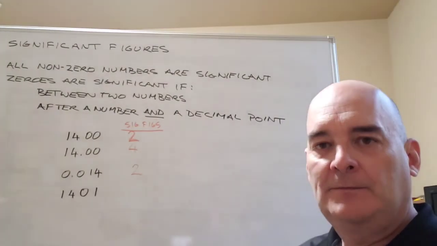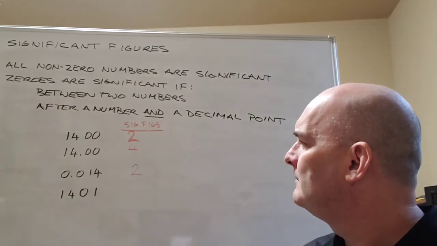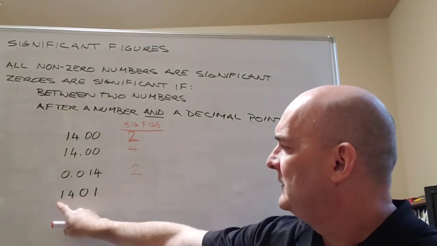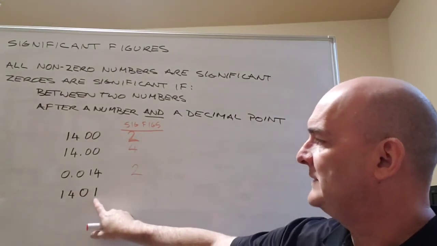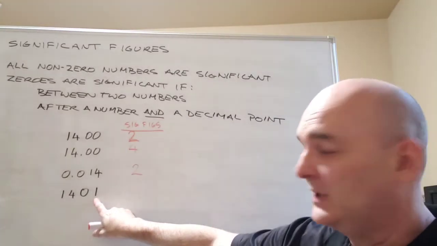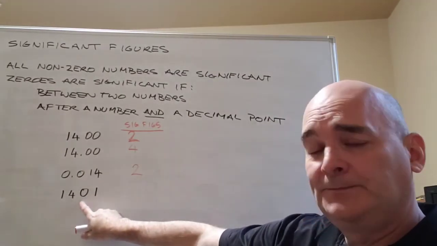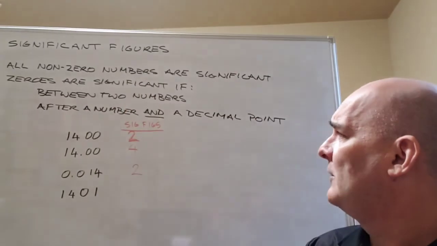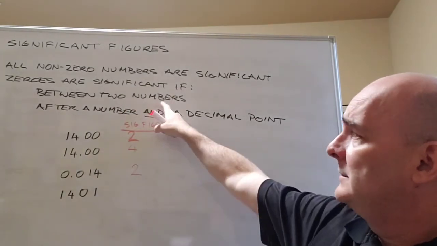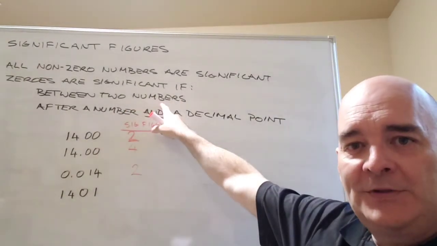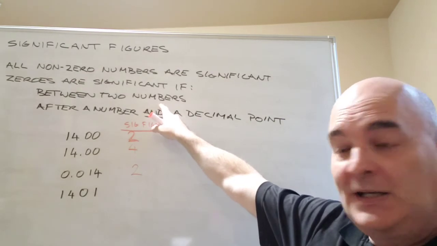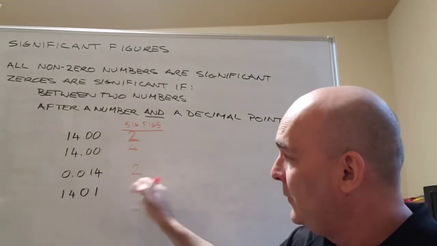1401 has 4 digits. That's a real number, that's a real number, that's a real number. So it has at least 3 significant figures. It has a 0. And I look at the rules for zeros, and it says right here, is the 0 between 2 different numbers? Because if it is, then it's significant. And that 0 is between a 4 and a 1.